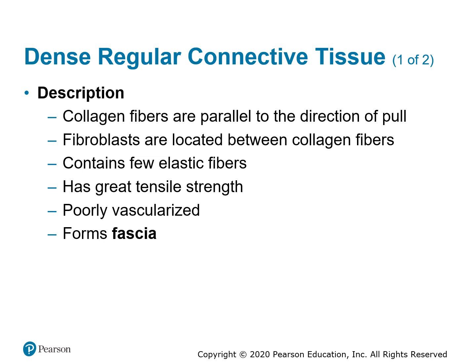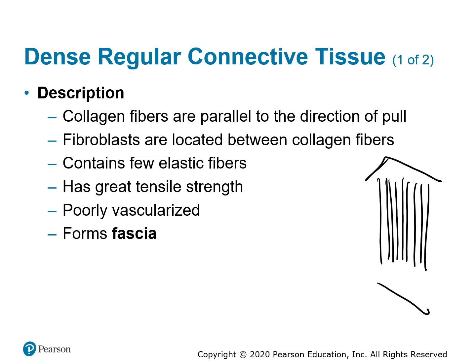When we get into our dense regular connective tissue, the patterning of those fibers is very, very regular. They are very parallel to one another. This means that when they stretch, they only go in one direction, a pulling direction. They have great tensile strength, but they're not very vascularized.